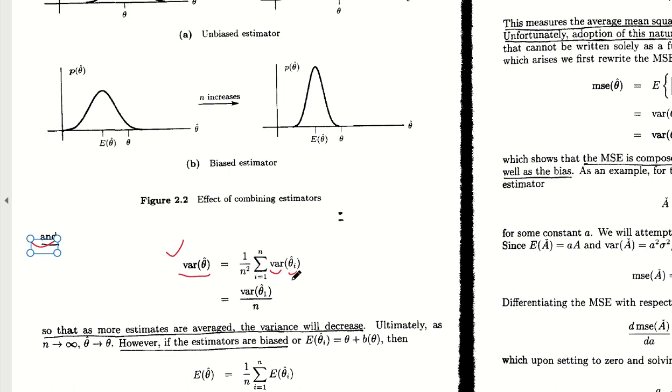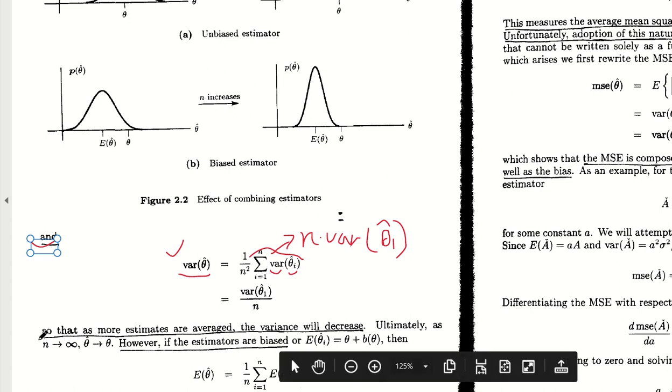If they all have the same variance, then it will be n times the variance of theta 1 hat, and then divided by n squared, it becomes the variance of theta 1 hat divided by n.